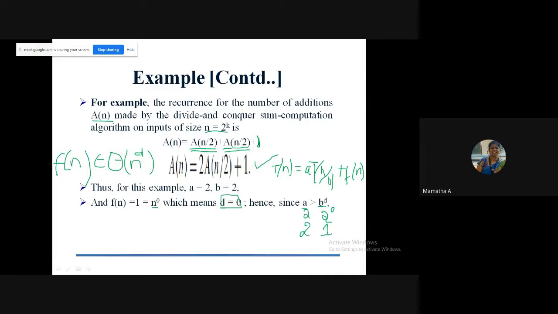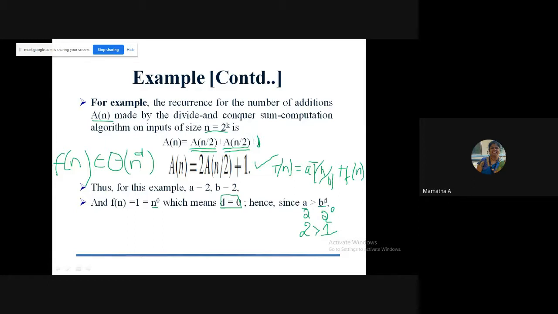Is it greater, lesser or equal? It is greater.